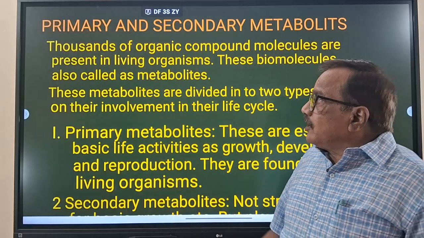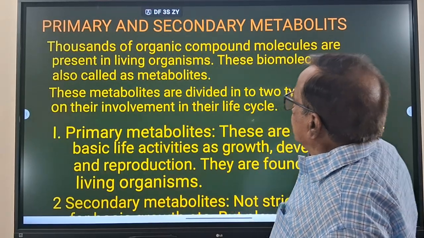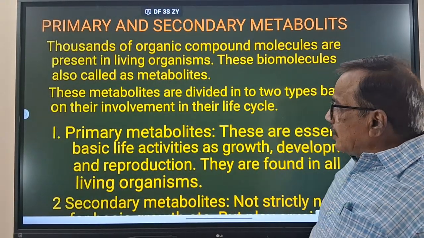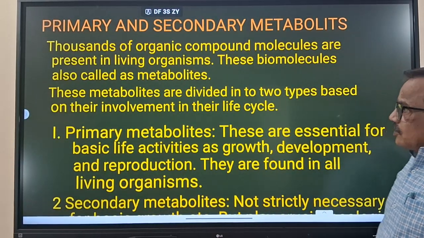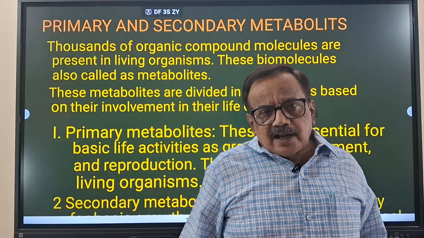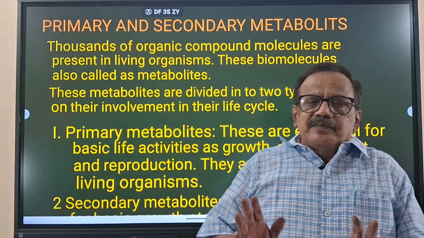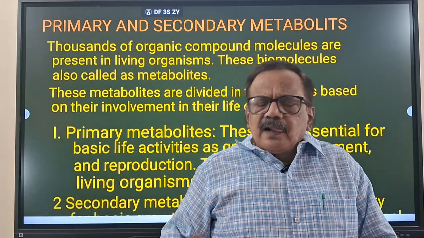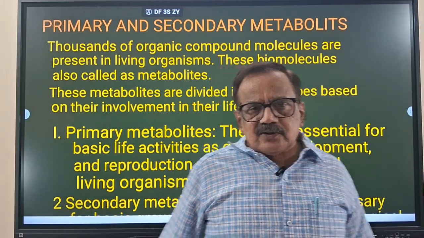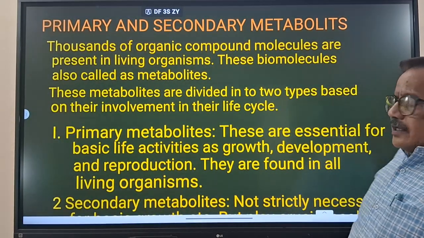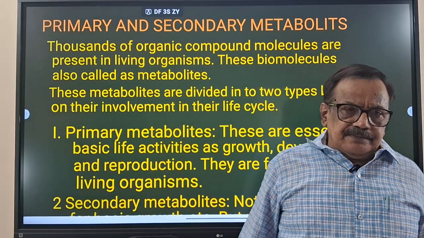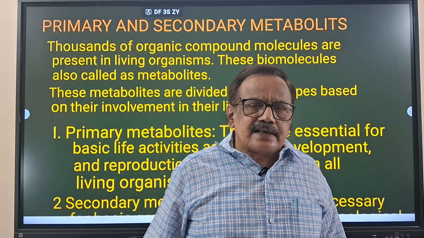Thousands of organic compounds, molecules, are present in the living organism. These biomolecules are also called metabolites. Actually, metabolite means it comes from metabolism, so all are metabolites only. These metabolites are divided mainly into two types, primary and secondary.